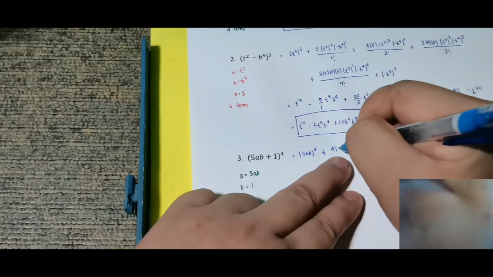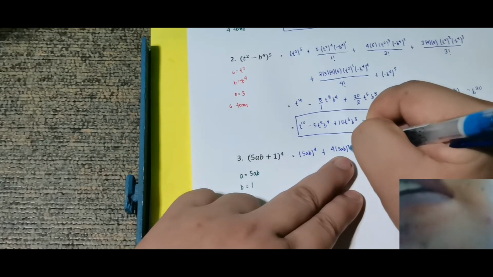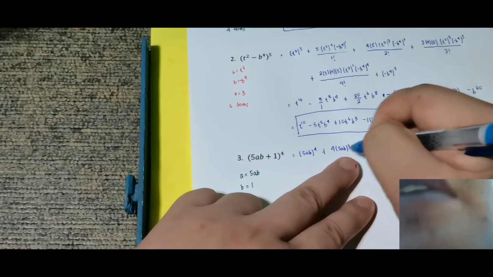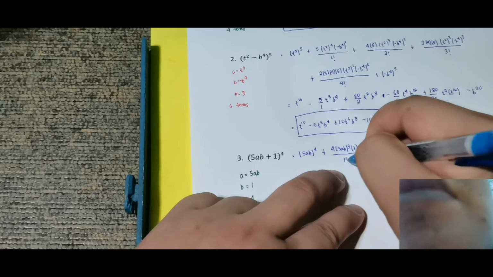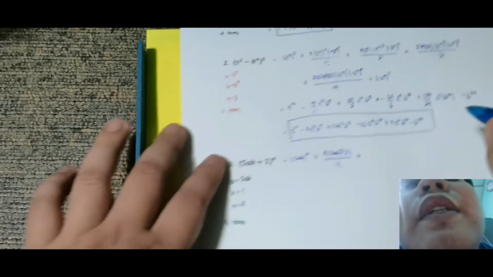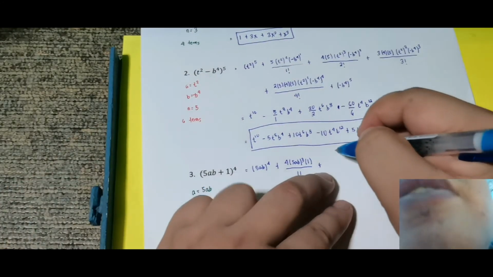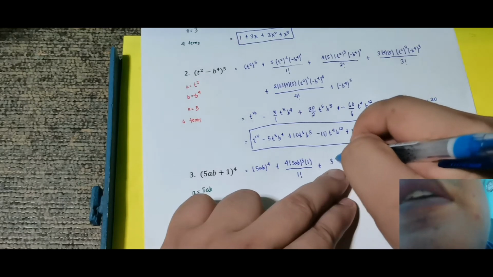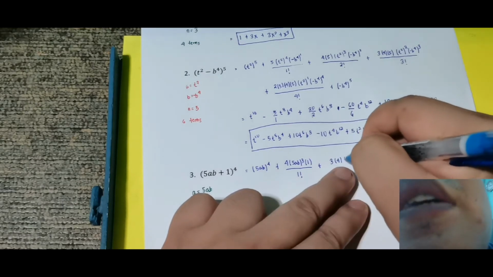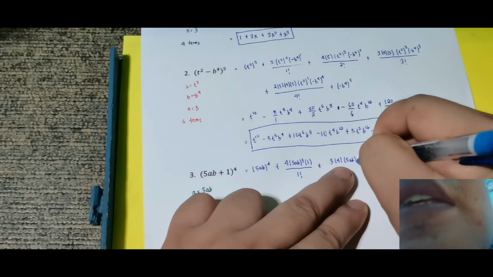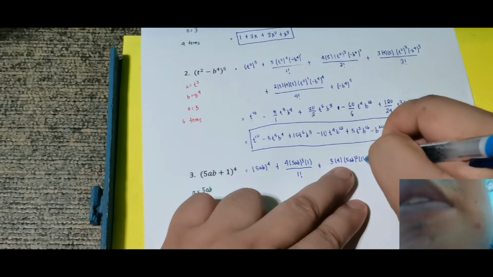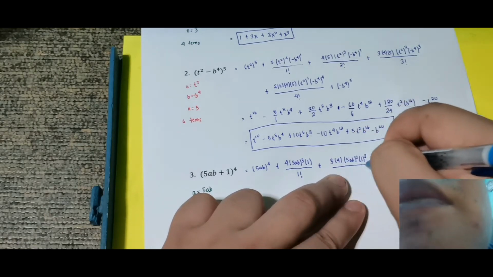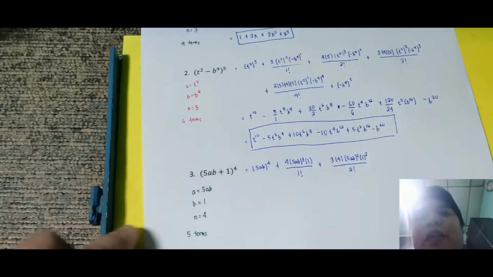Plus 4, then 5ab raised to 3, then 1 for now, all over 1 factorial, plus 3 times 4 times 5ab raised to 2, then 1 raised to 2 all over 2 factorial.